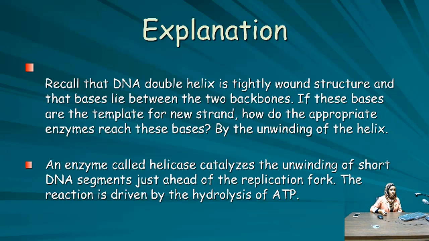Explanation. Recall the DNA double helix is a tightly wound structure and the bases lie between the two backbones. If these bases are the template for a new strand, how do the appropriate enzymes reach these bases? By unwinding the double helix. The enzyme called helicase catalyzes the unwinding of short DNA segments just ahead of the replication fork.